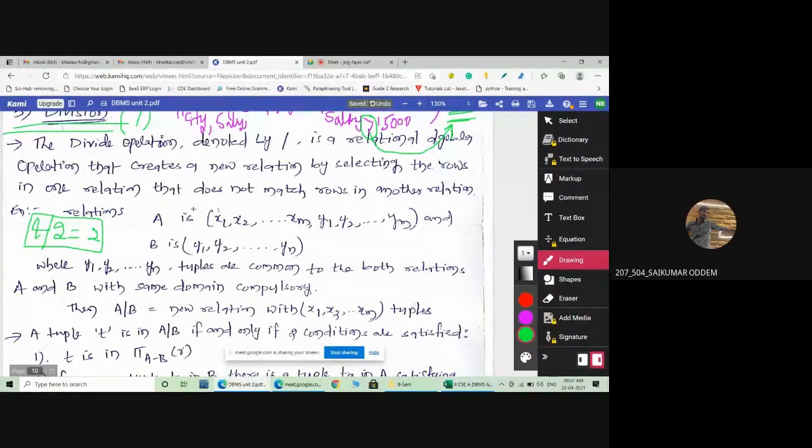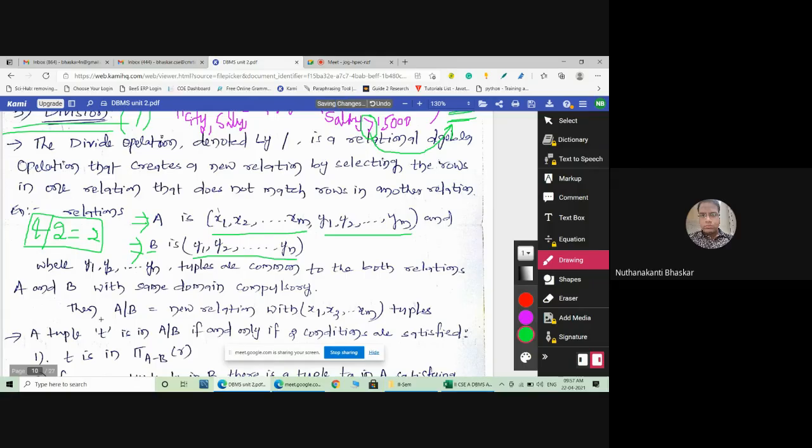For example, take relation A and relation B. Relation A contains attributes x1, x2 up to xm, and y1, y2 up to yn. In relation B, the attributes y1 to yn are there.